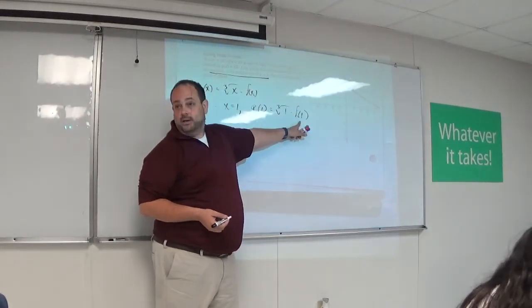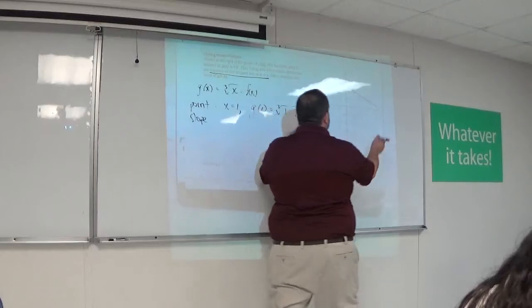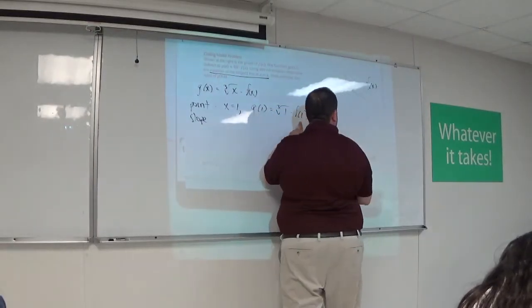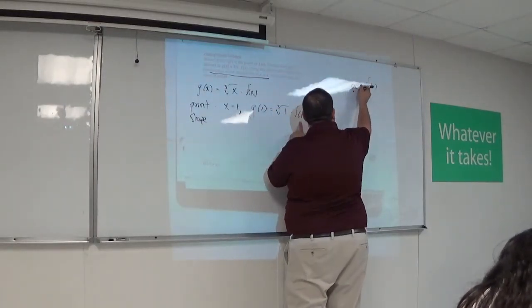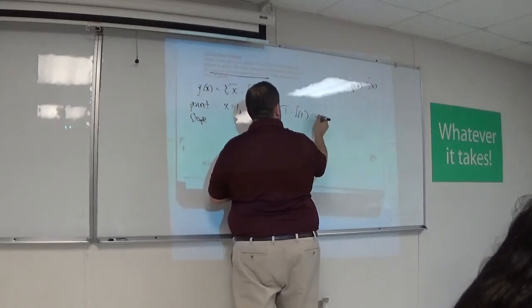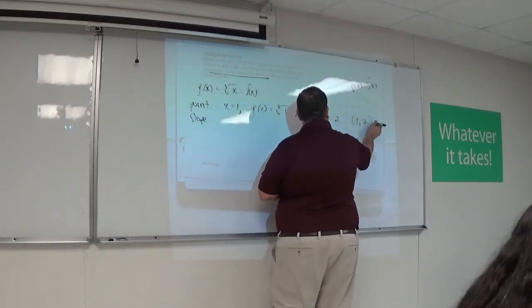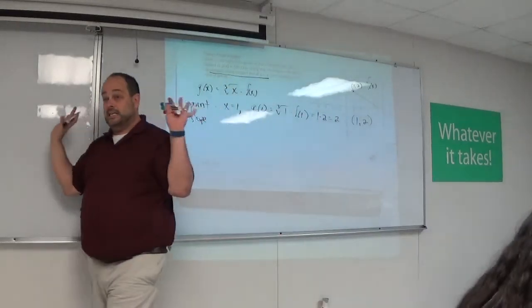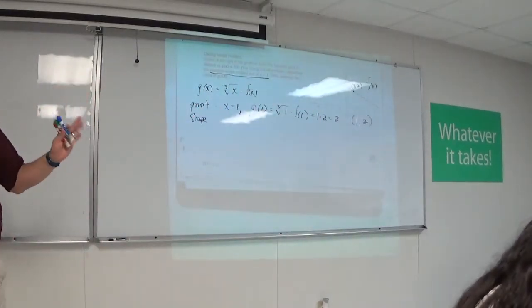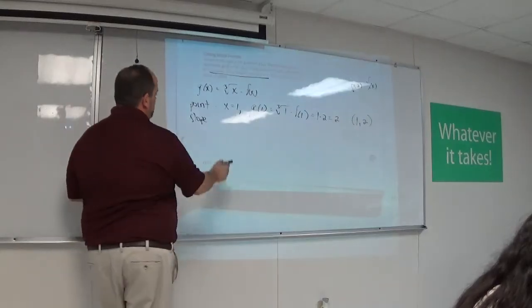F of 1 is 2. This is the graph of f, and I can see that this is the point 1 comma 2. So 1 times 2 is 2. That means the point is 1 comma 2. Great.